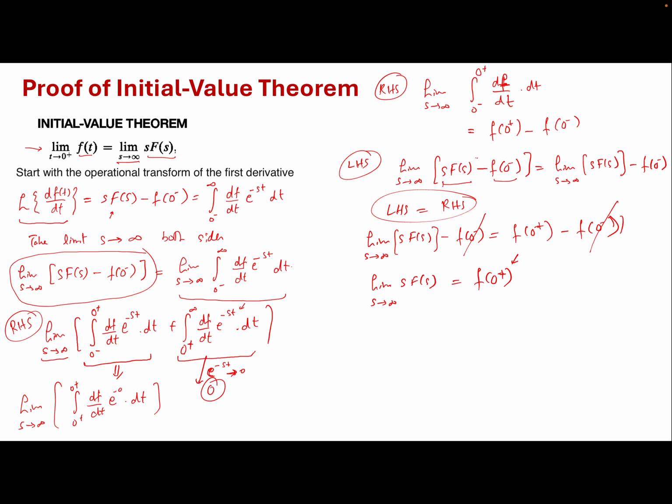So what is this f(0+)? This is the value of the function at 0+, so I can easily write it as the limit as t approaches 0+ of f(t). And if I replace it back over here, the limit as s approaches infinity of sF(s) is the limit as t approaches 0+ of f(t).